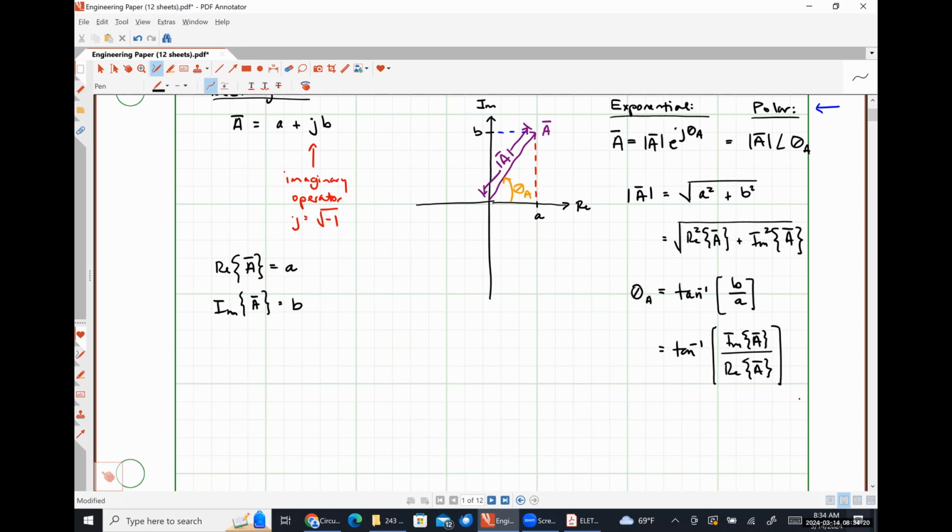So let's work the other way around, right? To go the other way around, we have to use a little bit of trig.